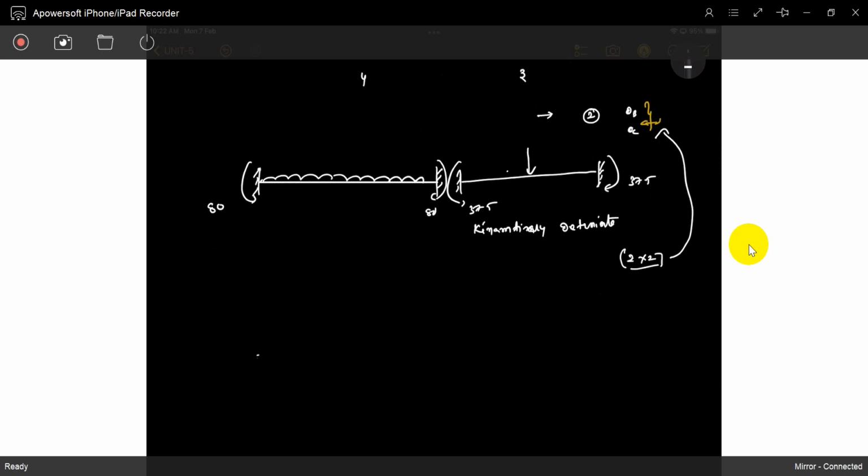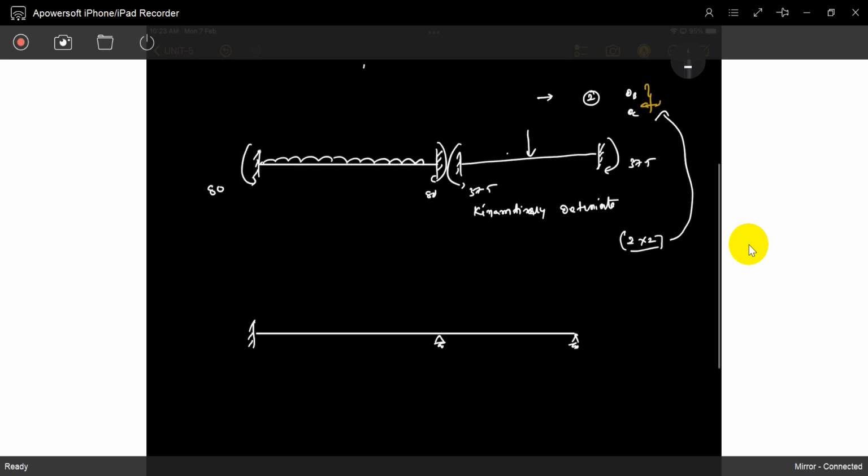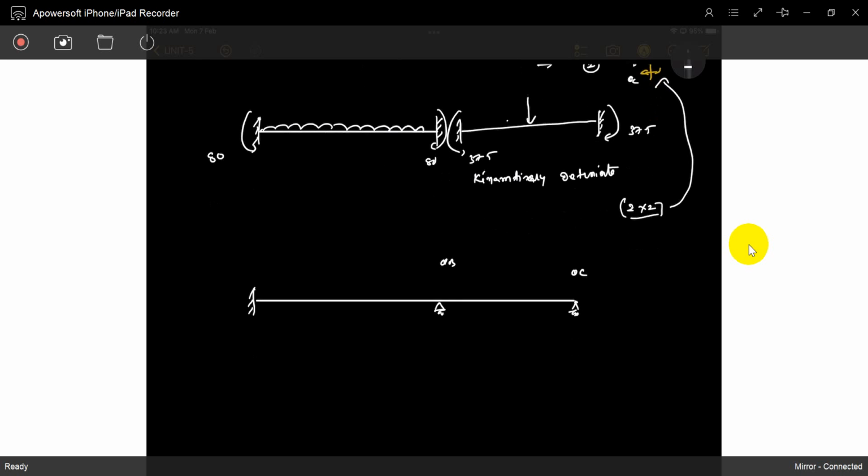So what is that, sir? If you see, the only degrees of freedom are theta B and theta C. So you have to develop the 2 by 2 matrix. Finally, you get a 2 by 2 matrix that you can directly get. How, sir?